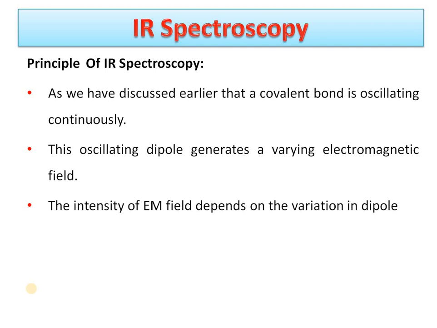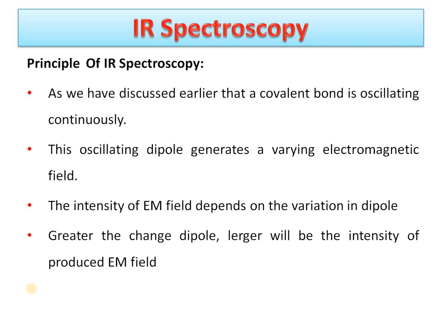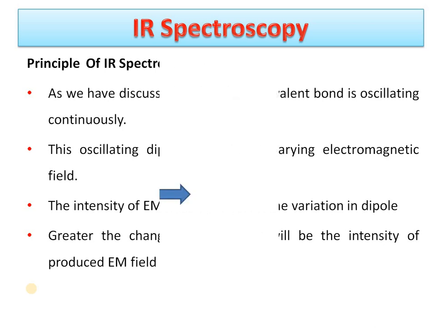The intensity of this electromagnetic field depends on the variation in dipole induced by the vibrating molecule. Greater the change in the dipole moment, larger will be the intensity produced by the electromagnetic field. That means higher the change in dipole, higher intensity of the electromagnetic field will be obtained, which is produced by the vibrating molecule.